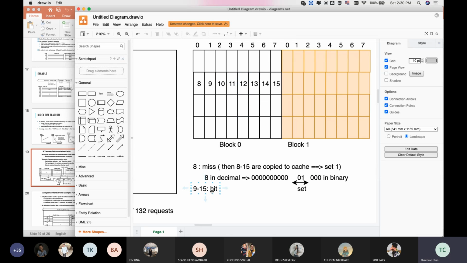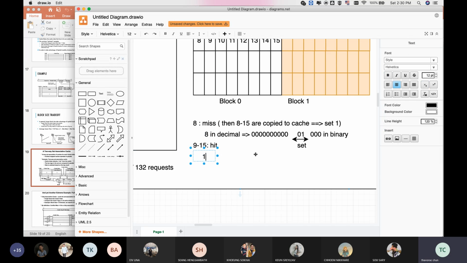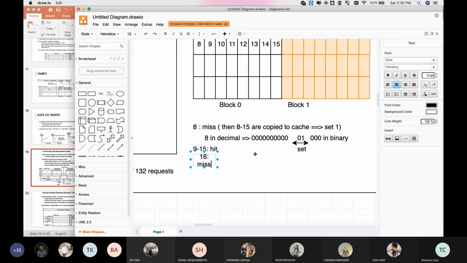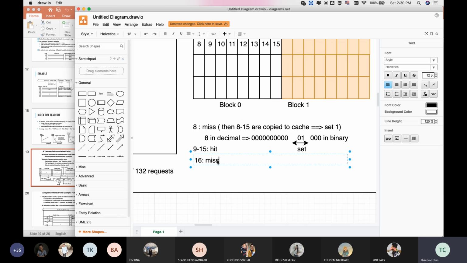So 9 to 15 is hit. And the same thing for address number 16, because the 16 is located inside another block. So we know that it will be missed again, because when we copy in the previous request, we copy only the block which contain data at address 8 to address 15, right?